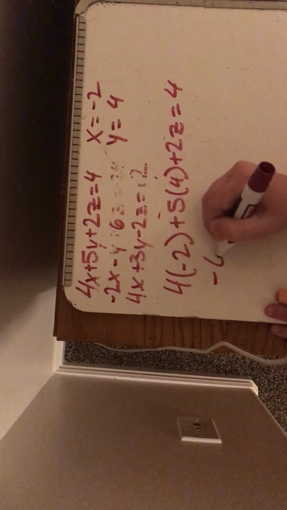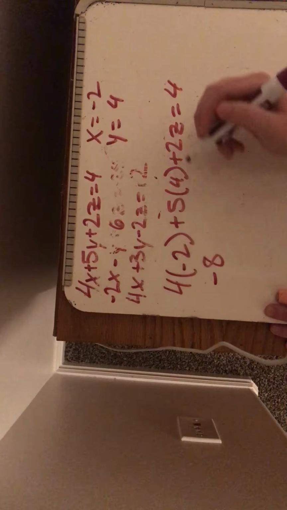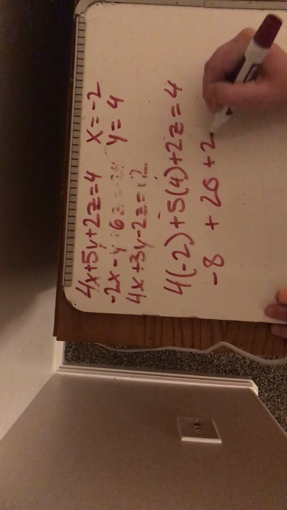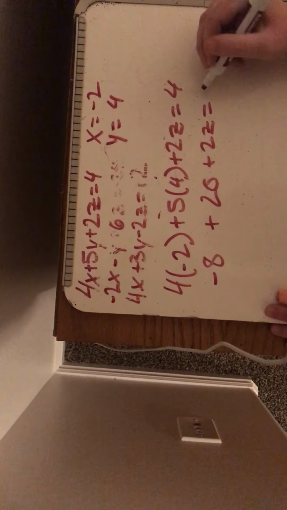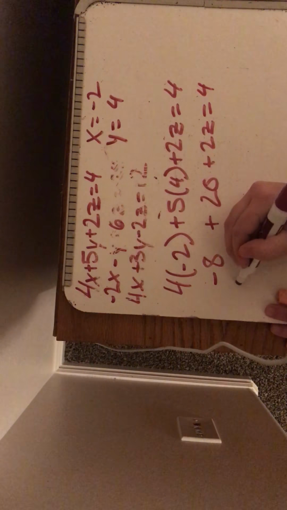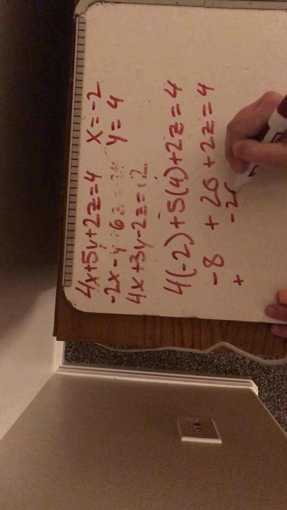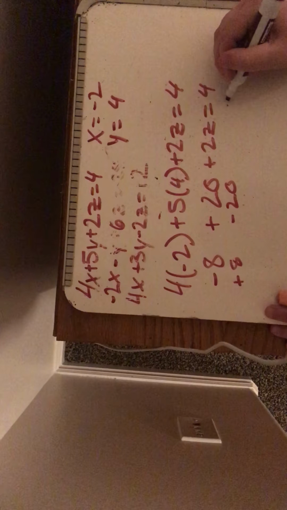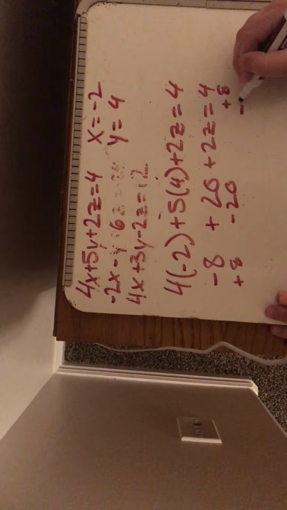Now I'm here. Negative 8 is 4 and negative 2, and plus 20. Still working on that 2z. We're adding 8, minusing 20, all to 4. So I'm just going to write that all out right there.